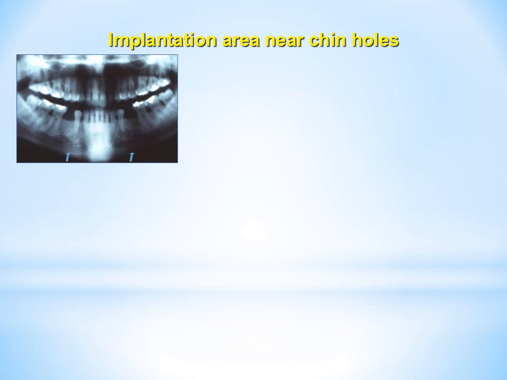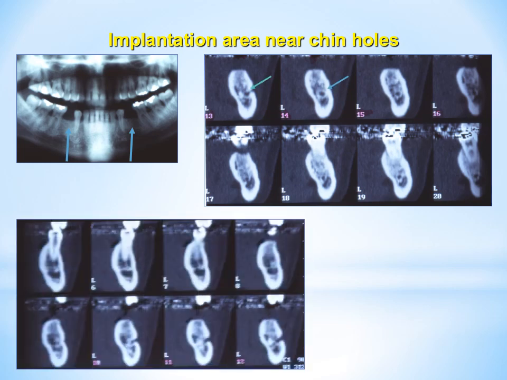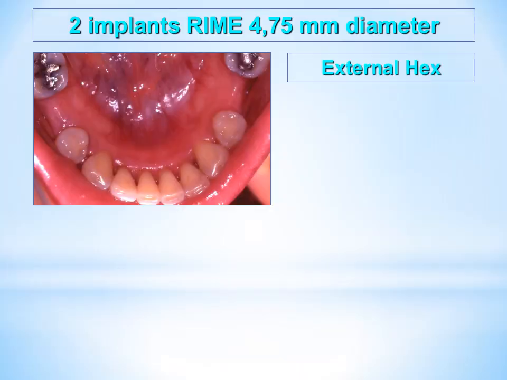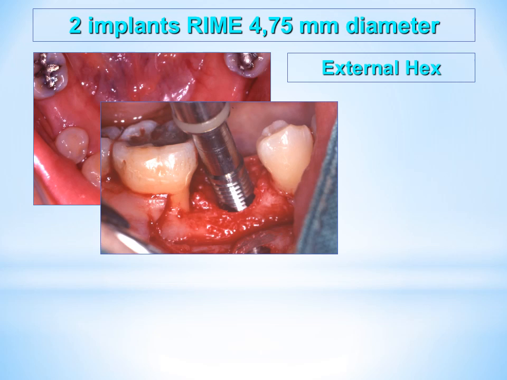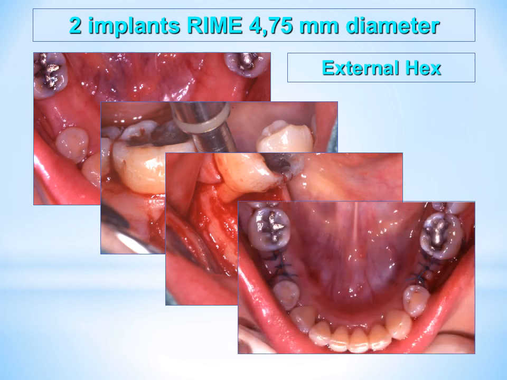Send the patient for CBCT that will aid in selection of the size, diameter, and length of the fixture. Start with the surgical part after selection of the implant, and putting of the surgical screw and suturing of the implant site.